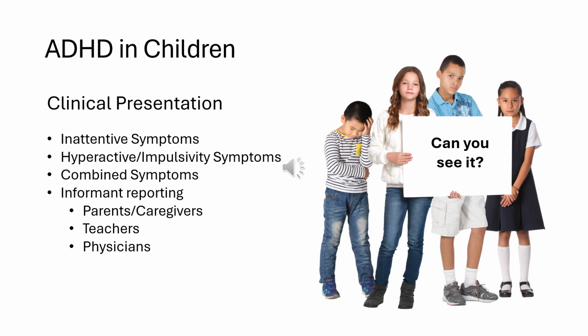However, these behaviors are not normally reported by the child, but rather by an informant who reports their perceptions of concerning behaviors observed in the child. These informants are usually parents, caregivers, close relatives, teachers, and medical physicians.